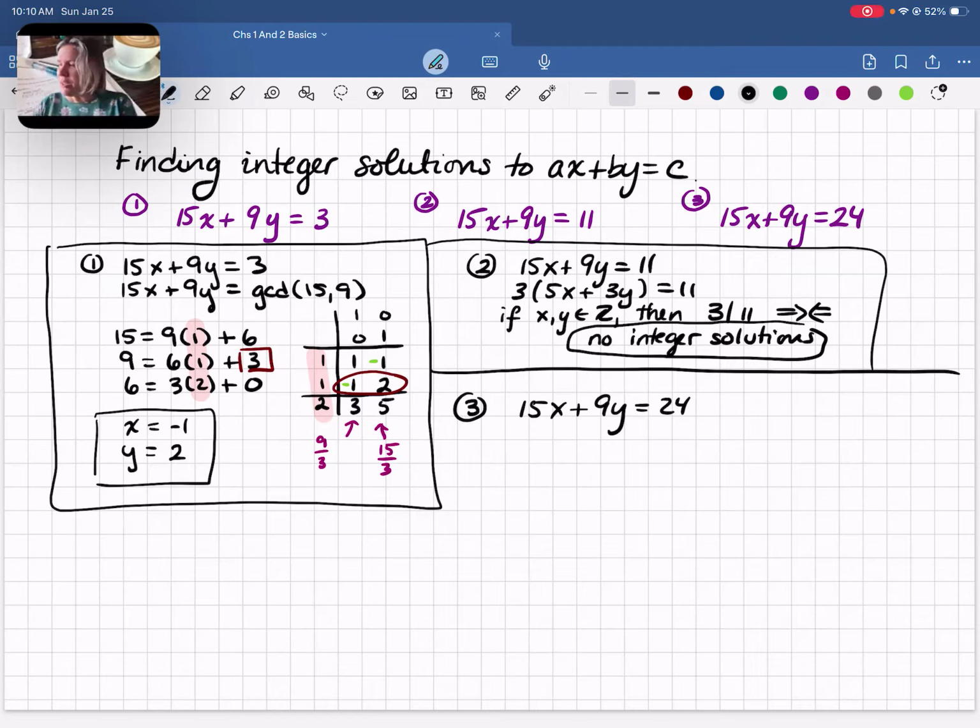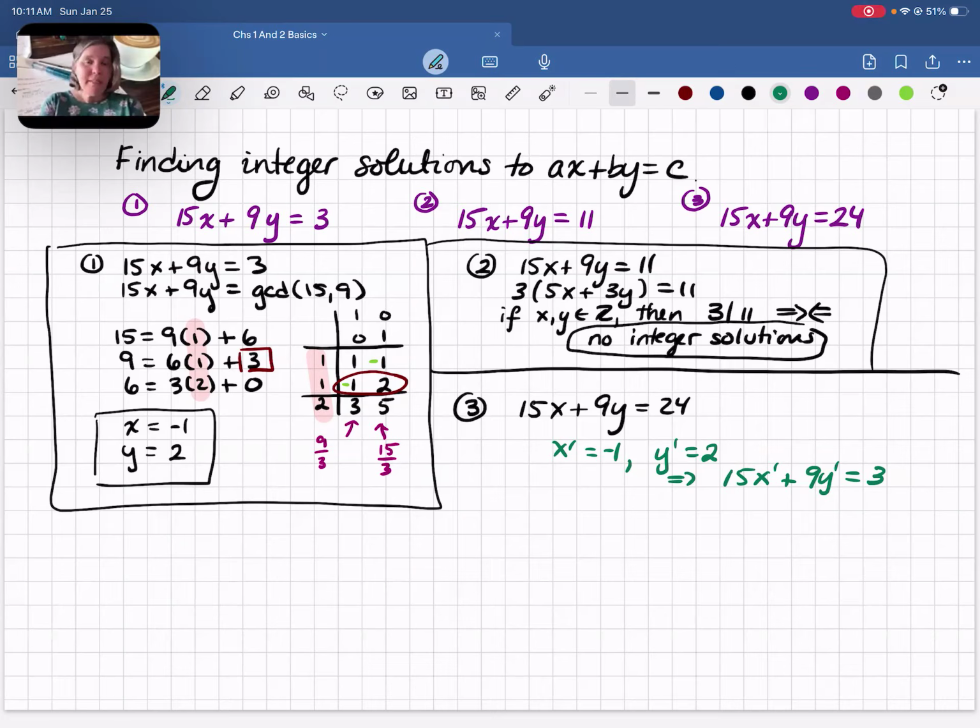So I'll make a note that I just found that if I let x prime be -1 and y prime be 2, then I get 15x prime plus 9y prime equals 3. From the first question, I know that that's a solution to 15x prime plus 9y prime equals 3.